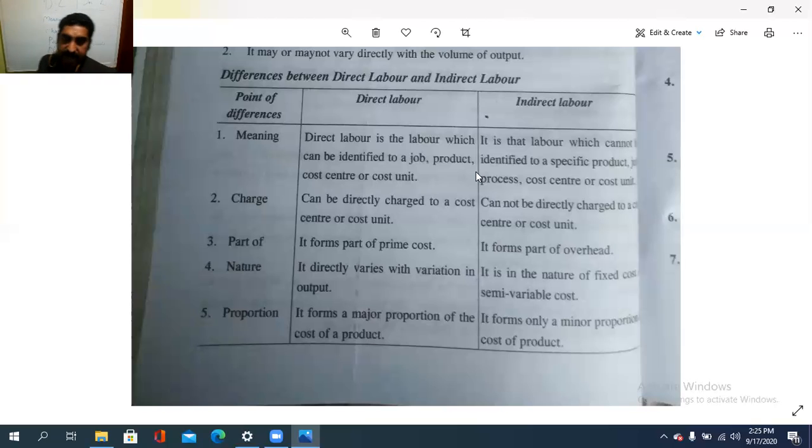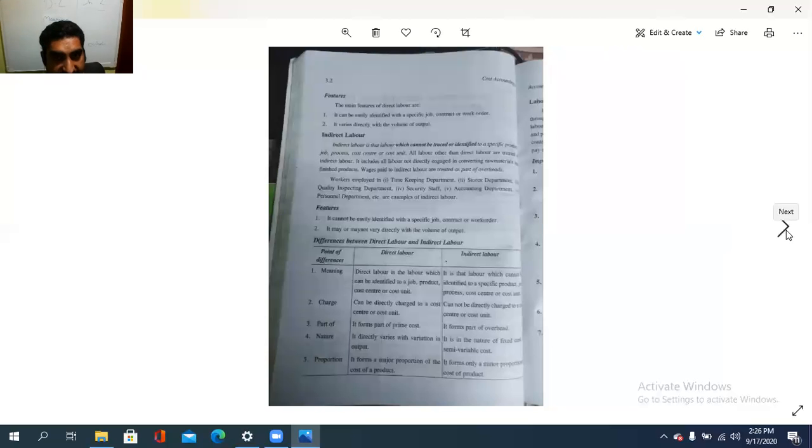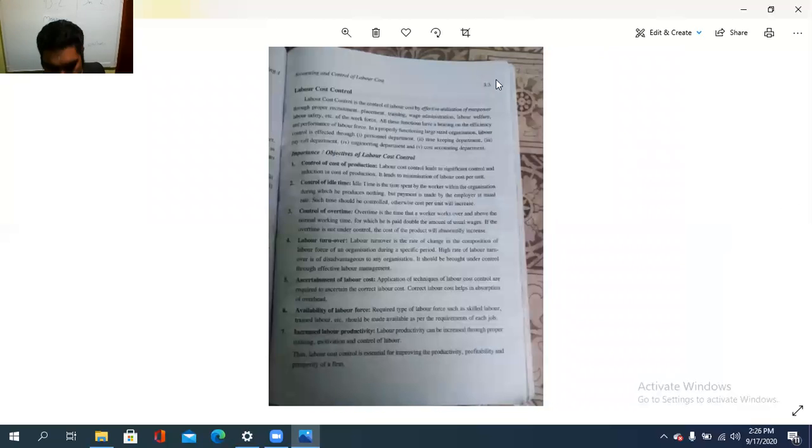Then nature: direct labor varies directly with output, while indirect labor is a fixed or semi-variable cost. And proportion: major proportion versus minor proportion. So these are the differences between direct labor and indirect labor.